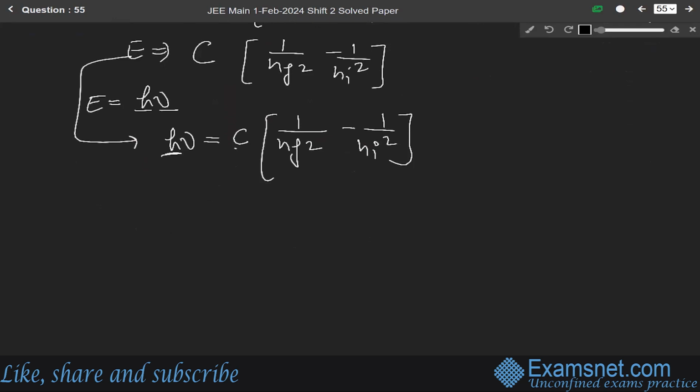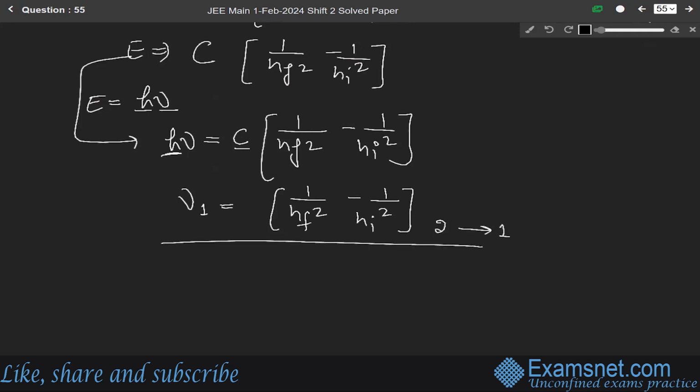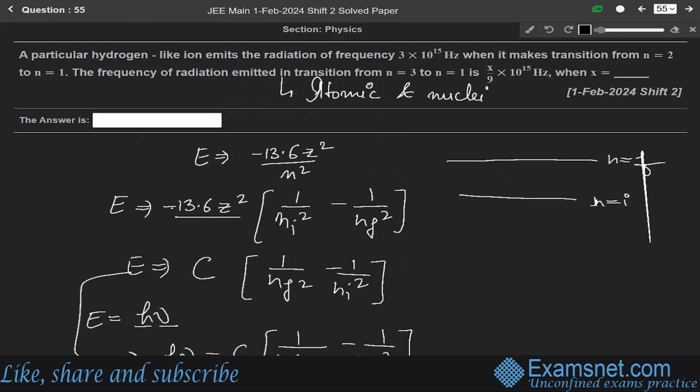Since it's Planck's constant, this is also constant, so we can write nu1 equals to 1 over nf square minus 1 over ni square when the transition is from 2 to 1, and nu2 is equals to 1 over nf square minus 1 over ni square when the transition is from 3 to 1 according to the question.